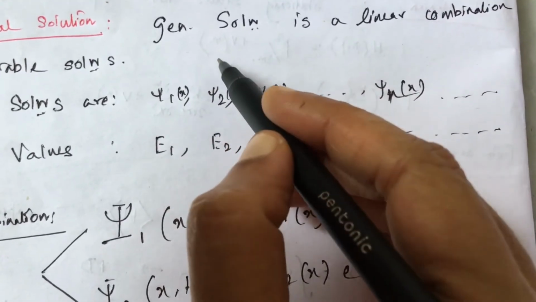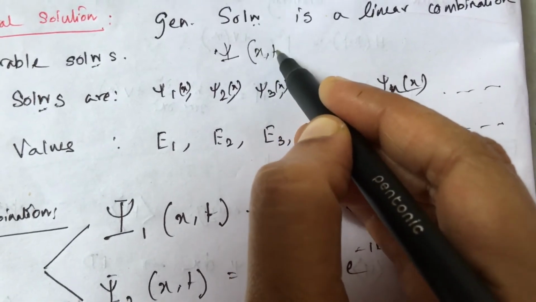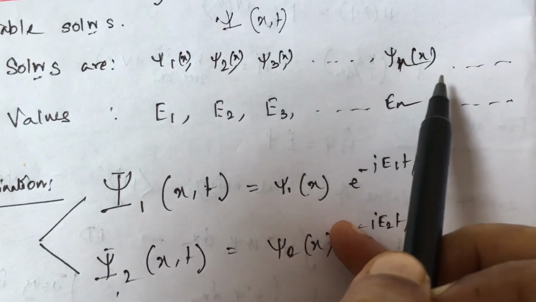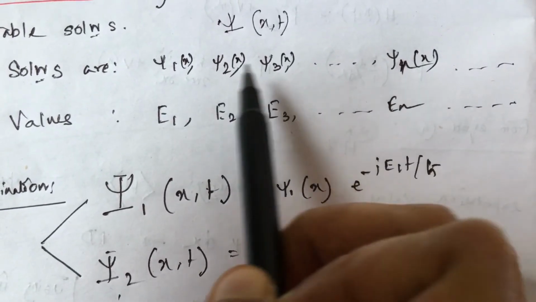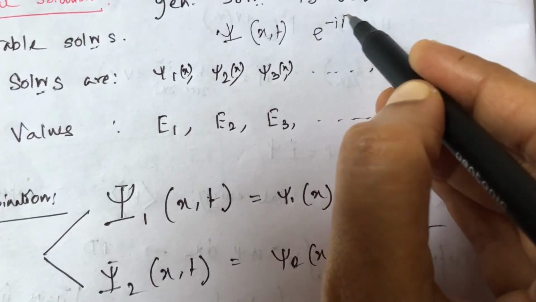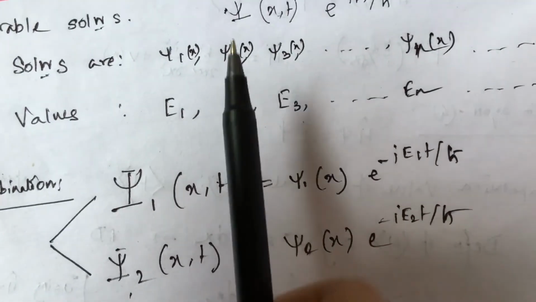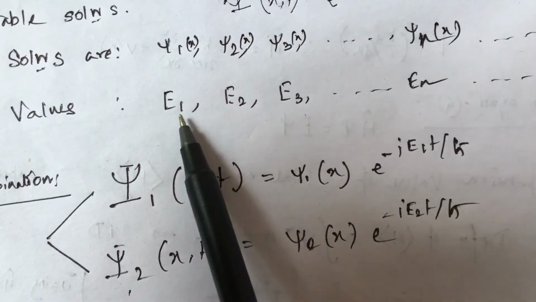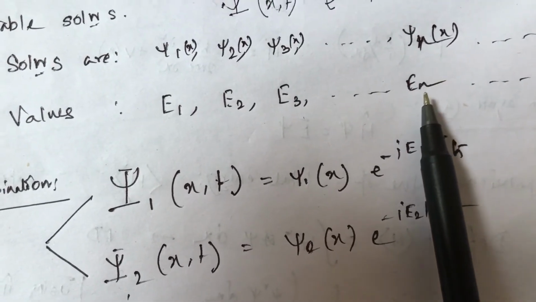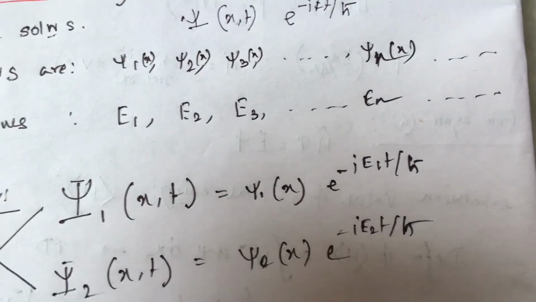By separation of variables, I get these wave functions psi of x which are dependent on x. The time factor is fixed, it is always e to the power minus iEt by h cross, so I am not writing it here. For every psi value there is an energy value. This is the nth psi value, this is the nth energy value, and this goes on up to infinity.